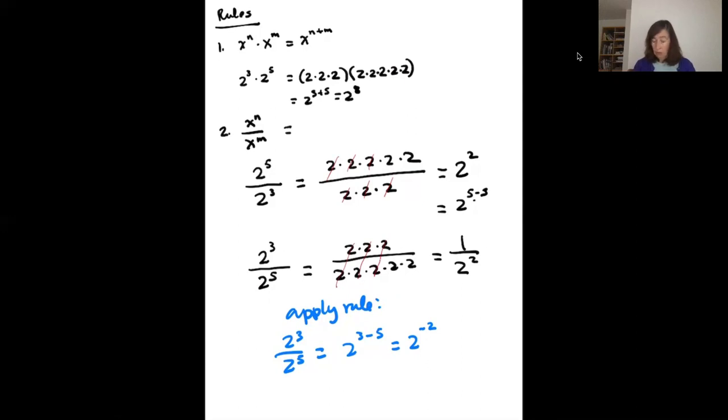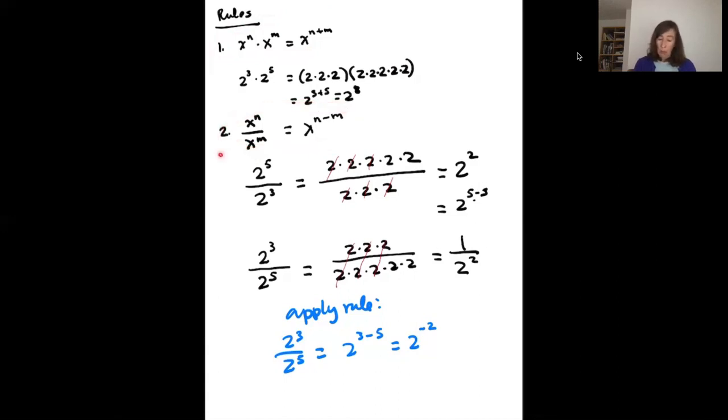So I've gone through this example with the 2's raised to the power of 5 and 3. The overall rule is anytime you have x to the n power divided by x to the mth power, you just subtract the exponents. So we've got a rule for multiplying the same base raised to different powers: add the exponents. Dividing the same base by different exponents: subtract the exponents.